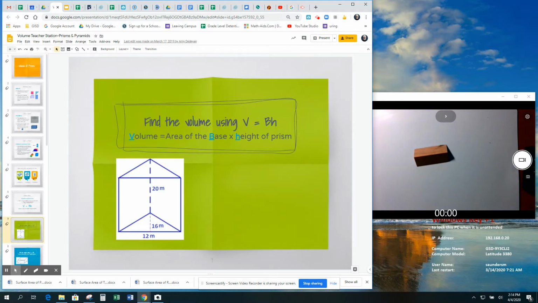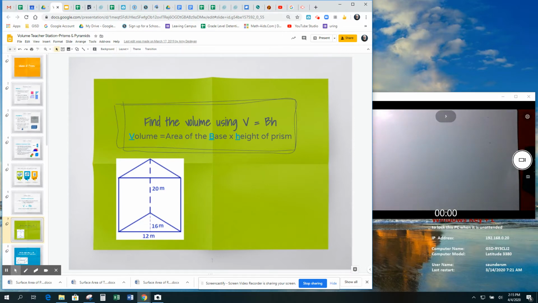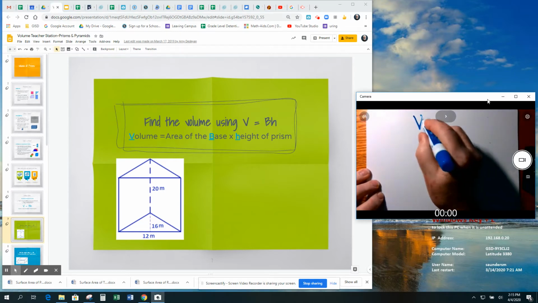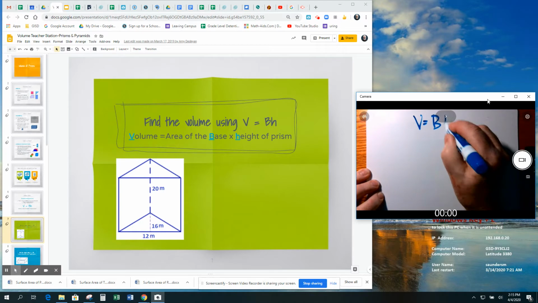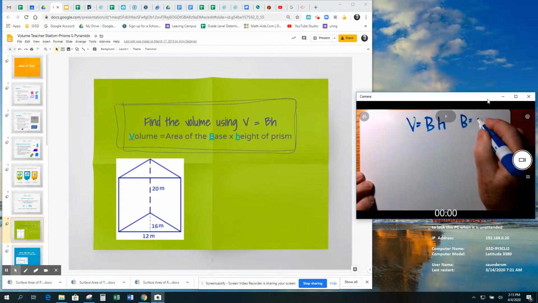Find the volume using V equals BH of this prism right here. So this is a triangular prism, and I'm going to work through this as we go. So remember, volume equals big B times H, and big B equals the area of the base.